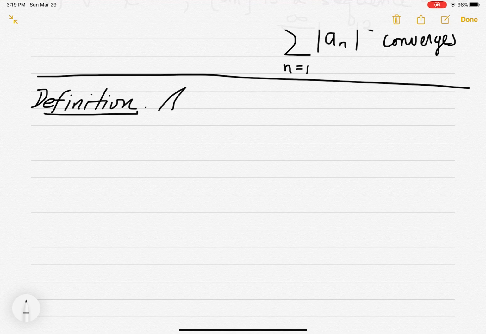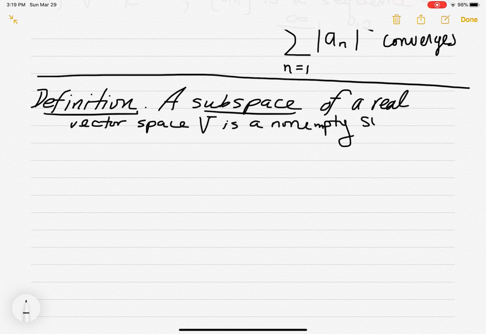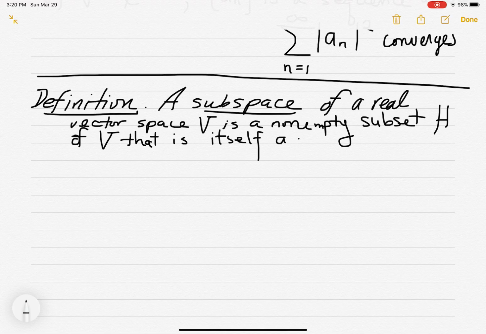A subspace of a real vector space V is a non-empty subset H of V that is itself a vector space.